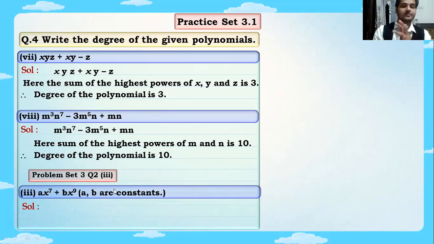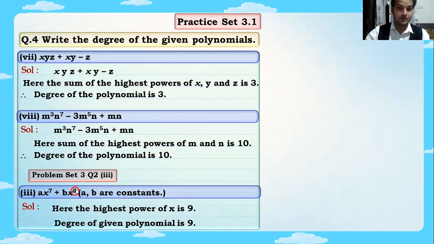So who are the variable in that case? x, right? और पॉलिनोमियल चैप्टर में हमारा ध्यान किस पे जाना चाहिए? वेरिएबल पे. So in the first part, the power of x is 7 and here the power of x is 9. Which is the highest? 9. So yes, the degree will become 9 because a and b are constants. So who are the variable apart from a and b? It is only x. Okay. So start writing with this particular part.